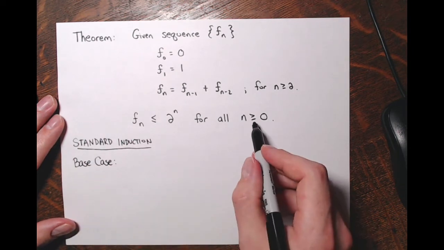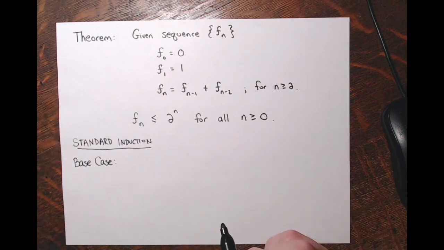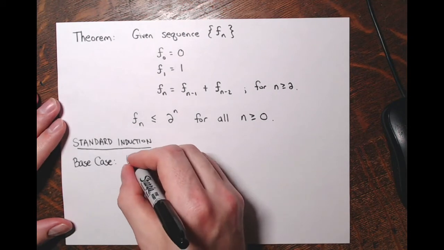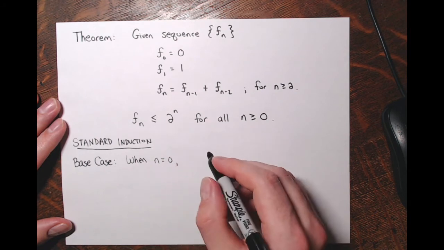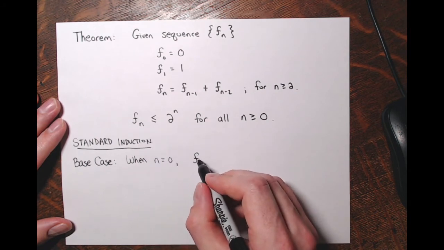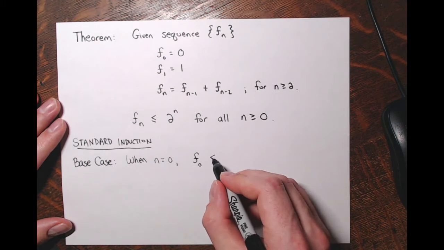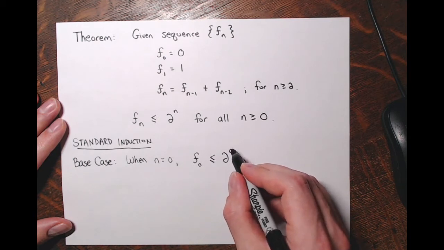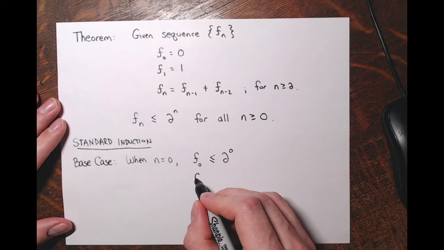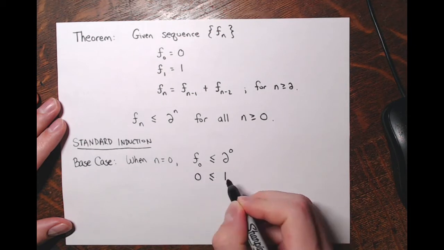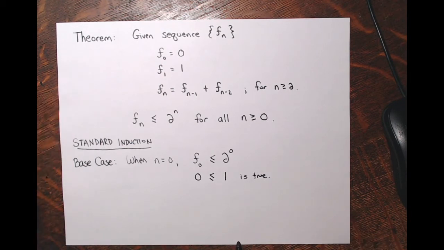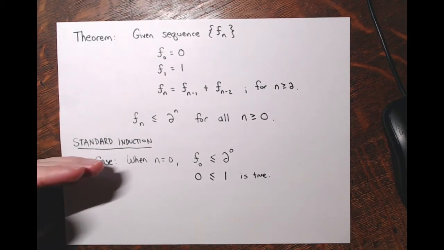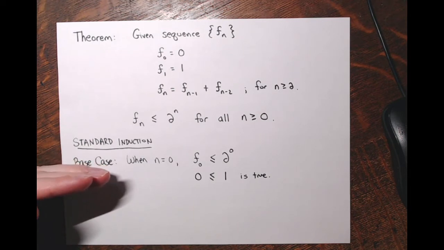In this case, we're trying to prove this statement for all integers greater than or equal to 0, so the base case would be when n equals 0. Is f sub 0 less than or equal to 2 to the 0? Well, this is 0 is less than or equal to 1, and this is true. So it's true for the base case of 0.